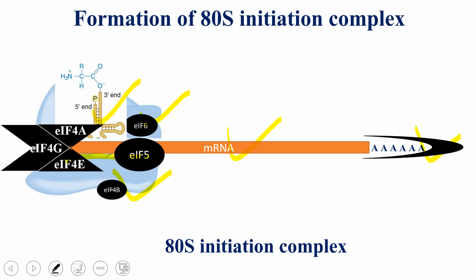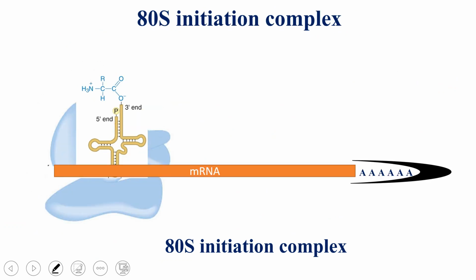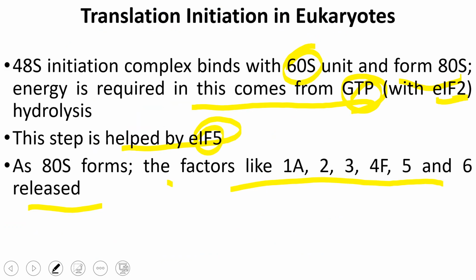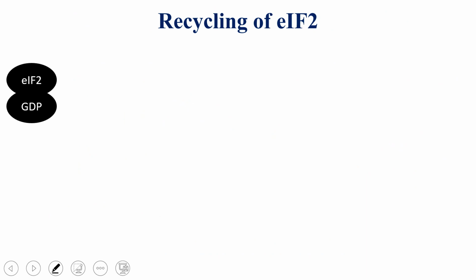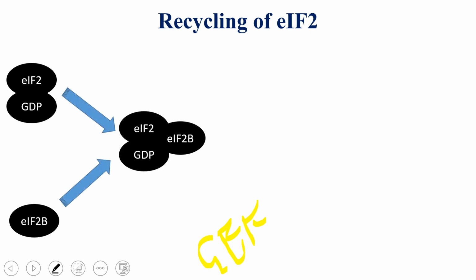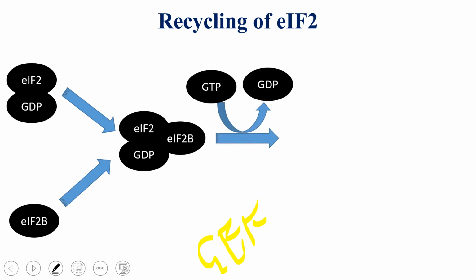So this is inactive initiation factor 2, and it needs to be activated. For this activation, we require another factor called 2B. This 2B is chemically a guanine nucleotide exchange factor. It helps in the exchange of GDP for GTP. These two combine to form a complex which removes this GDP and adds GTP.